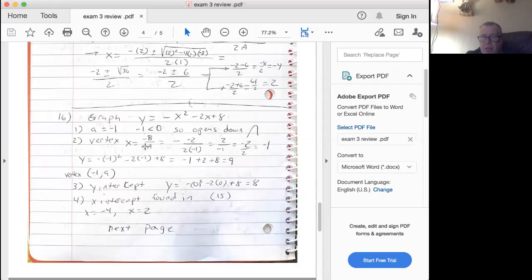X equals minus b over 2a. So plugging b in, we get -2. So we have a negative 2 over 2 times -1. So negative negative becomes positive 2 over -1, which is -2. I'm sorry, over 2, not -1. -2 over 2, which is -1.